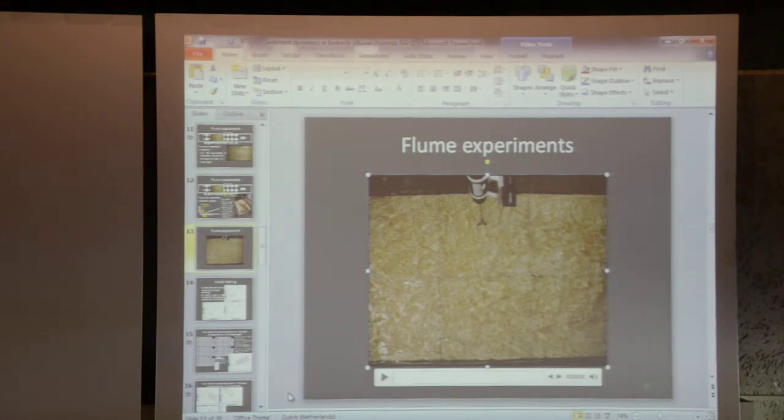Hiroshi Takebayashi, Kyoto University, Japan. Sean Chartrand, University of British Columbia. Matteo Saletti from ETH Zurich. Alessandra Crosato from UNESCO IHE Delft. Roland Keitner from University of Natural Resources and Life Sciences in Vienna.